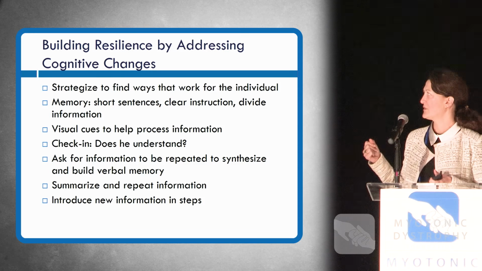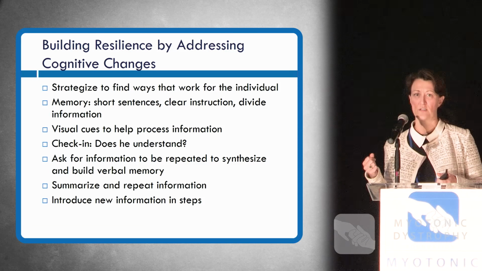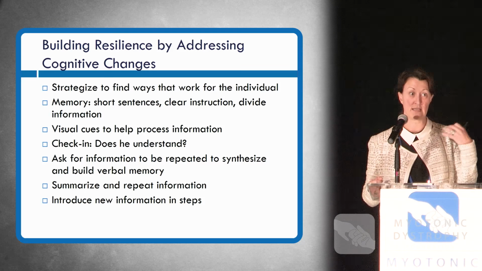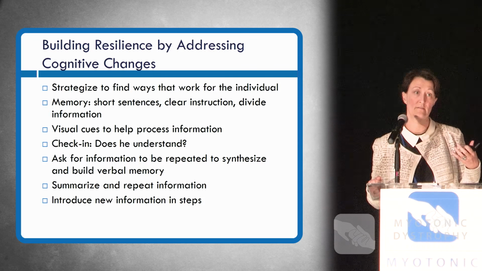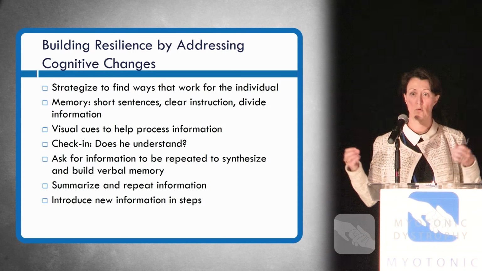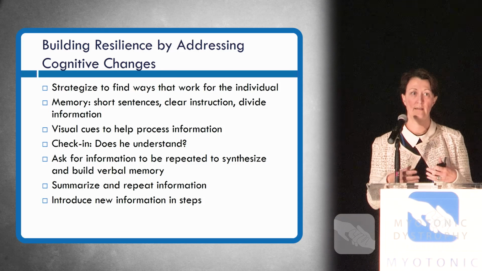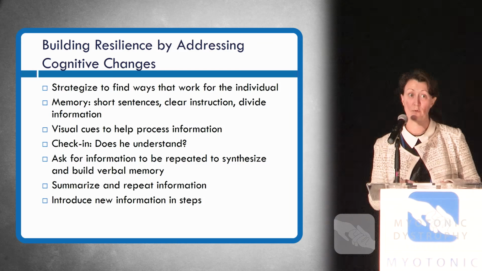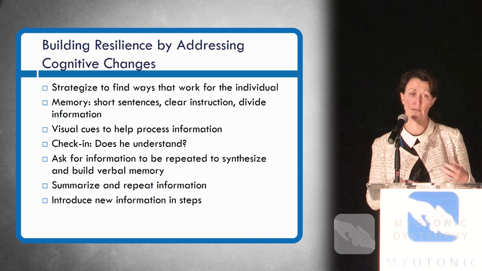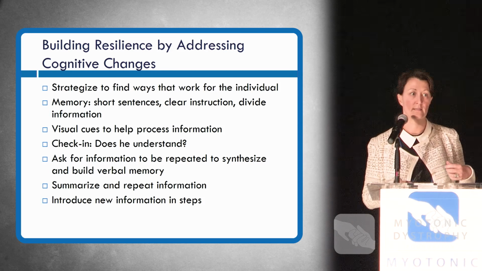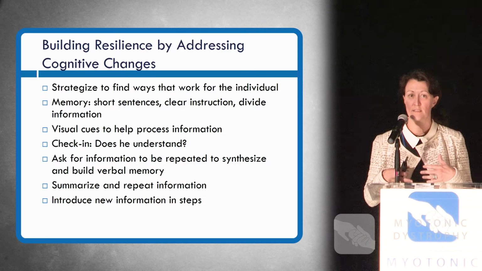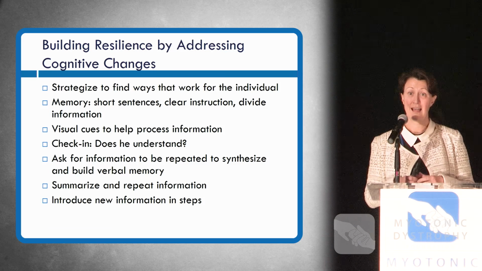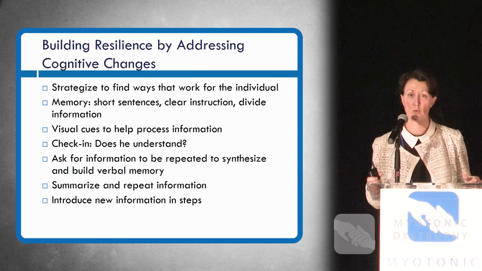We can use visual cues to help process information. So sometimes, just having an auditory cue isn't enough, but the more information that we can provide in different formats is really helpful. People learn in different ways. Some people are auditory learners. Some people are kinesthetic learners, so they have to do it themselves, and others are visual learners, and some like a combination of both.